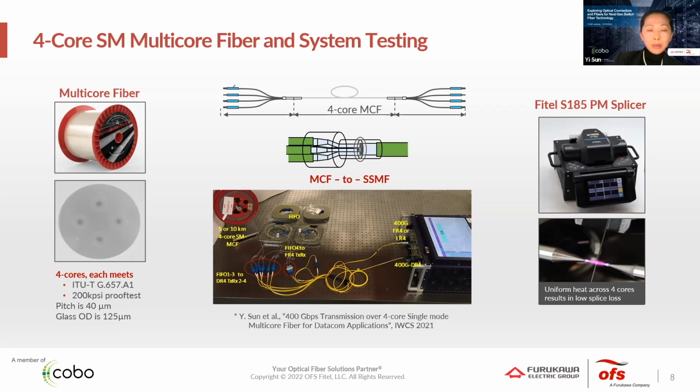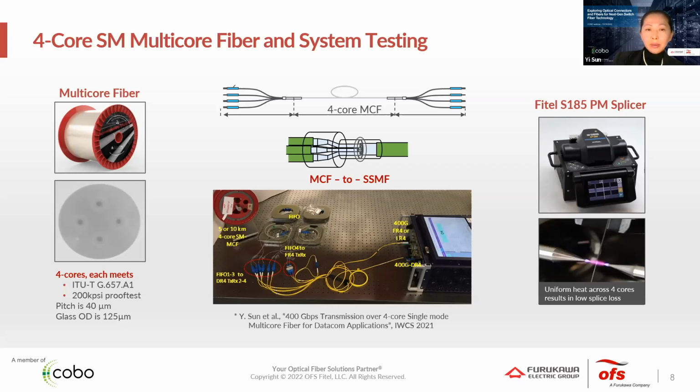That has the benefit of compatibility to use the same optical components and equipment developed for standard single mode fiber over the years. And this is a proof test at 2% strain, 200 kpsi, that's 2% strain.